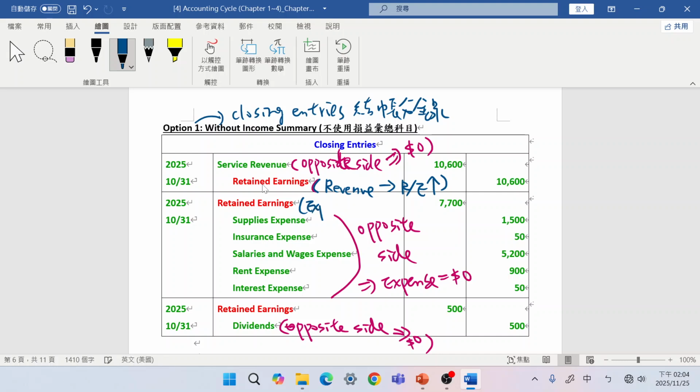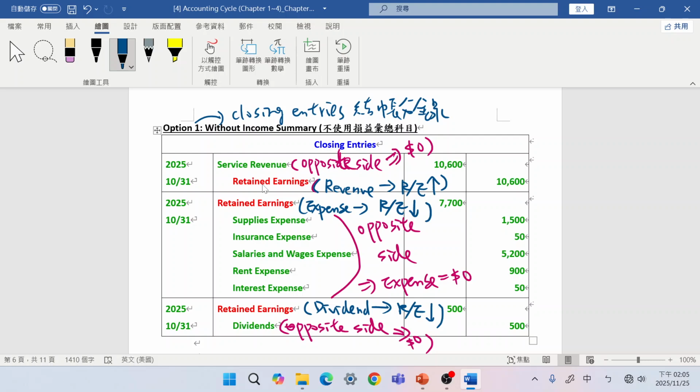Expenses will make your retained earnings decrease on the debit side. Dividends will make your retained earnings decrease on the debit side. See? So there's a closing entry we have to make revenue, expenses, dividends become zero. Also, transfer their data to retained earnings.